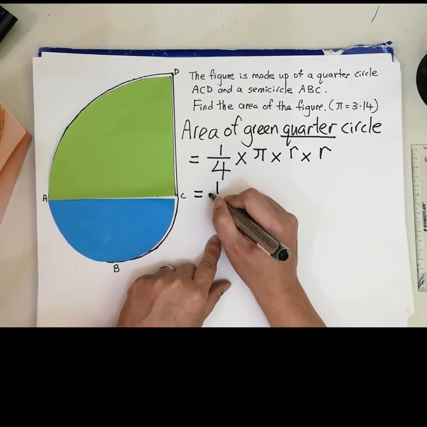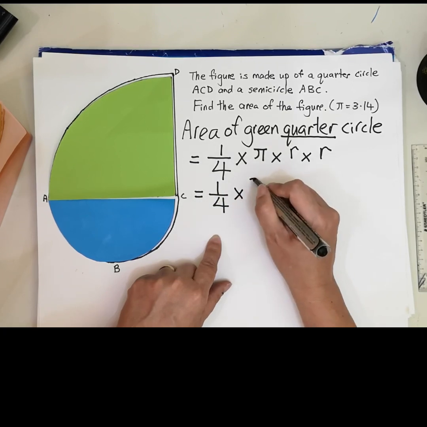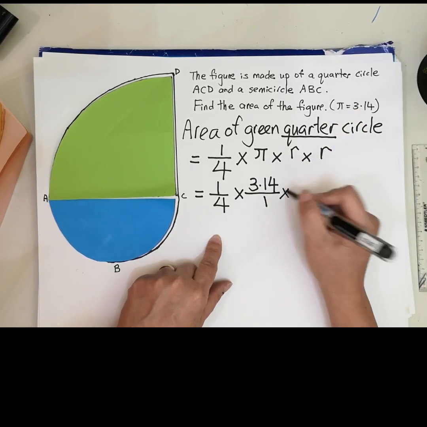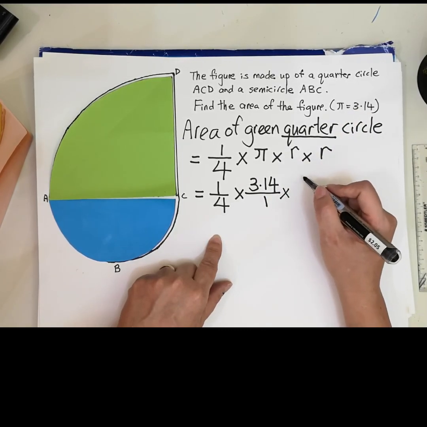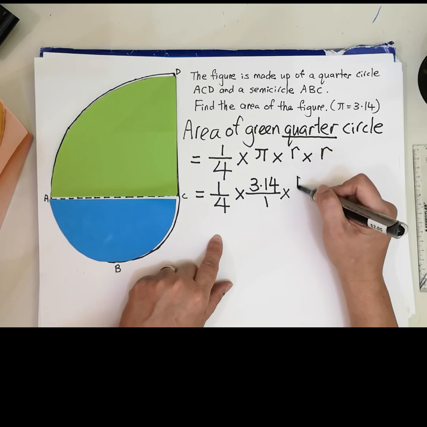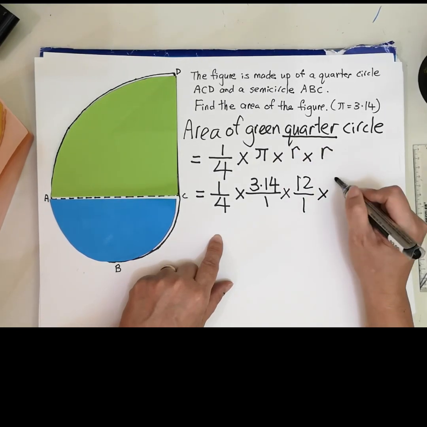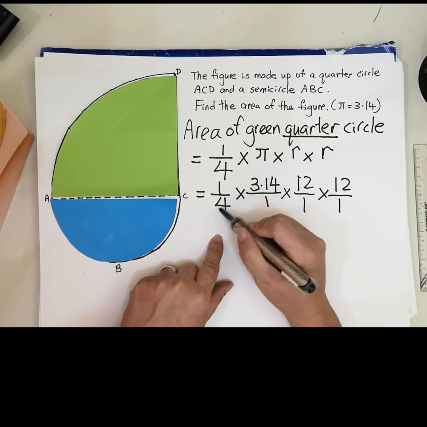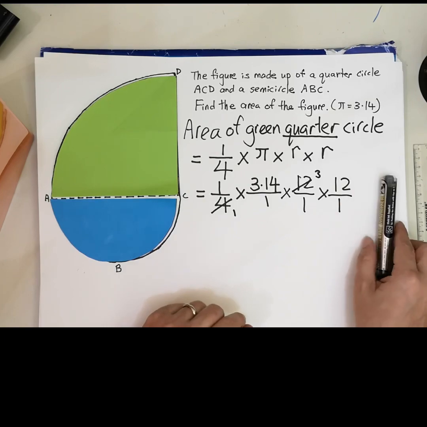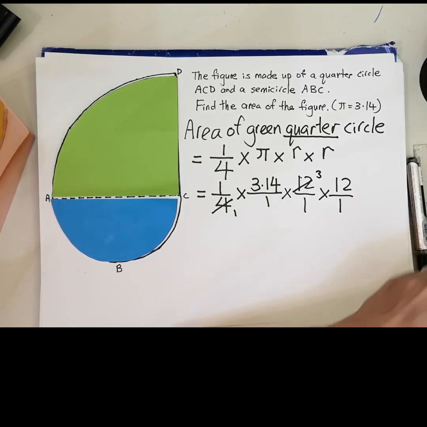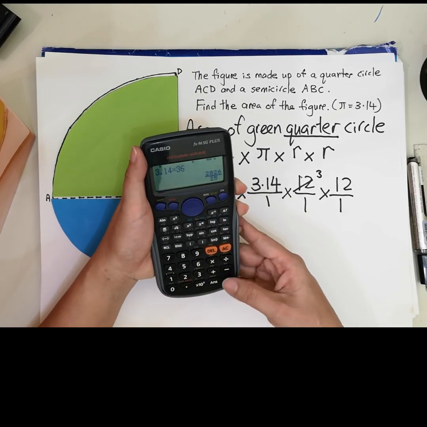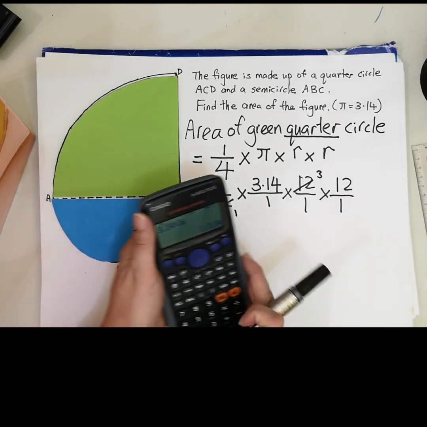The value of pi is given as 3.14 in the question, and the radius of the quarter circle is 12. So multiply by 12, multiply by 12. If we simplify, this is the same as 3.14 multiplied by 36. We take 3.14 multiplied by 36, and the answer we're going to get is 113.04.